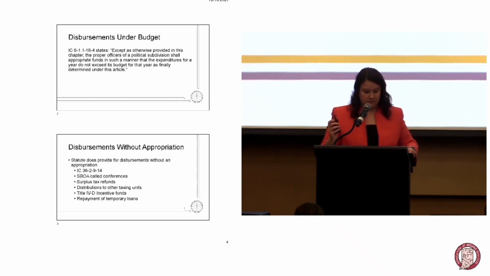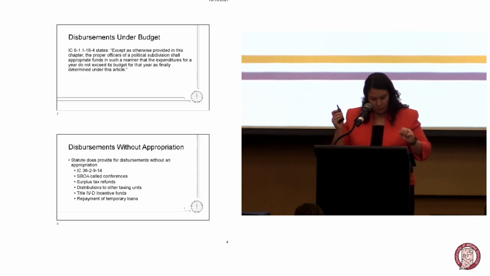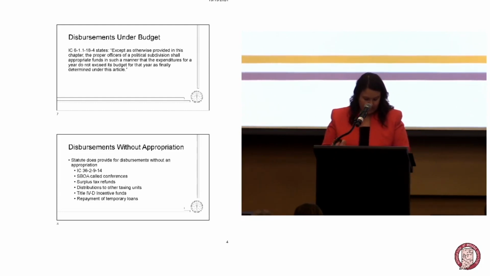Okay. Disbursements without appropriation. So when does the statute provide otherwise? I see IC 36-2-9-14 specifically states SBOA called conferences, surplus tax refunds, distributions to other taxing units, Title 4D funds, repayment of temporary loans.